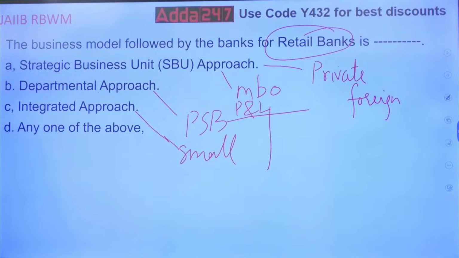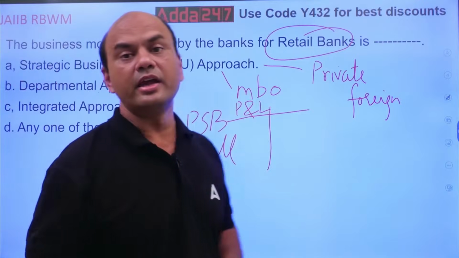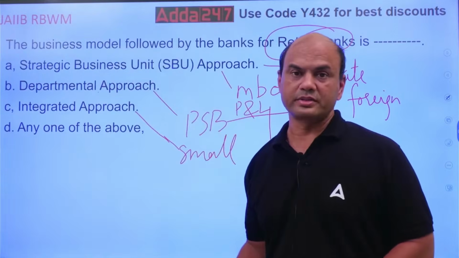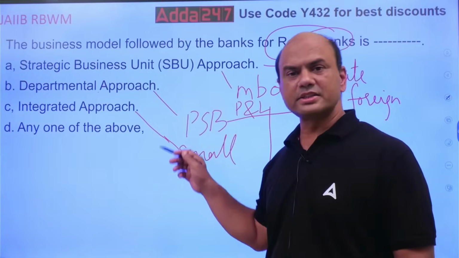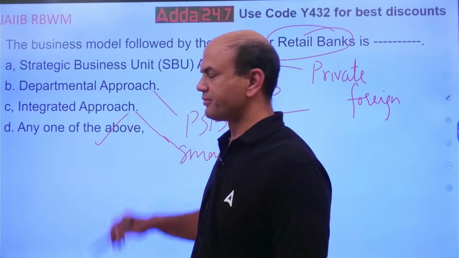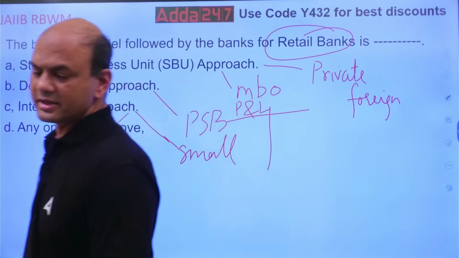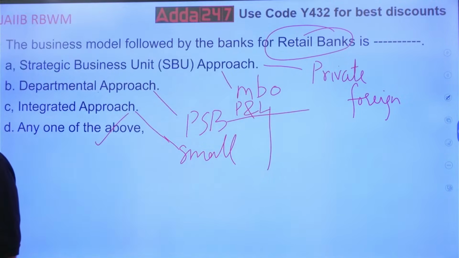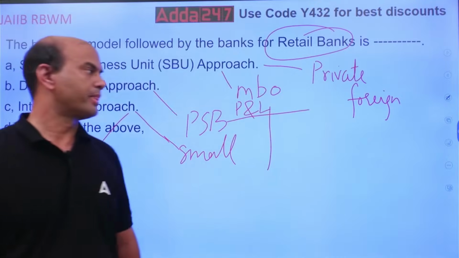Whichever job comes to you, whichever customer comes to you, that is your job, that is your department. So everyone does everything in this. Okay, so that is integrated. Generally this is followed in smaller banks. So the answer is any of the above. Okay, the answer is any of the above. Got it? Next.